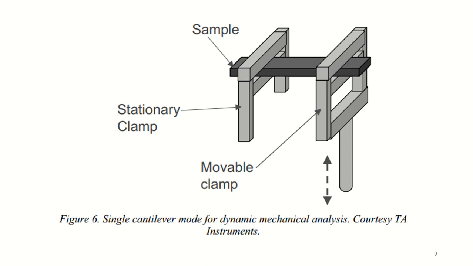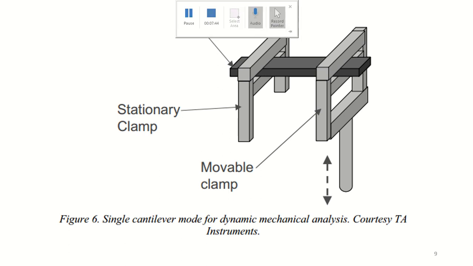This method can be quantitative if the dimensions are precise, but it requires length correction for the clamps. For very high modulus samples, the 3-point bend mode may be preferred, which has the additional benefit of eliminating clamping effects.